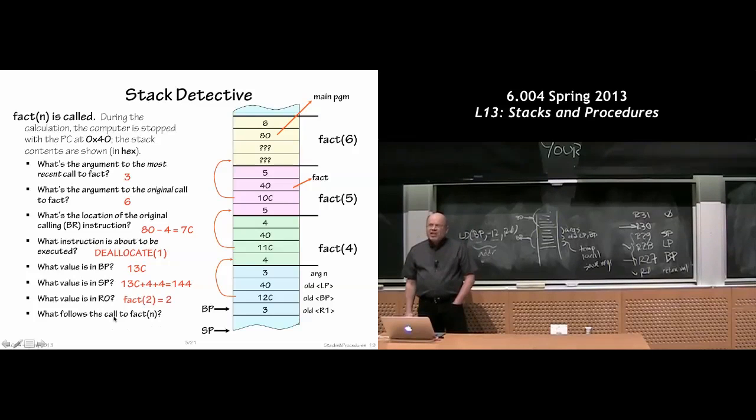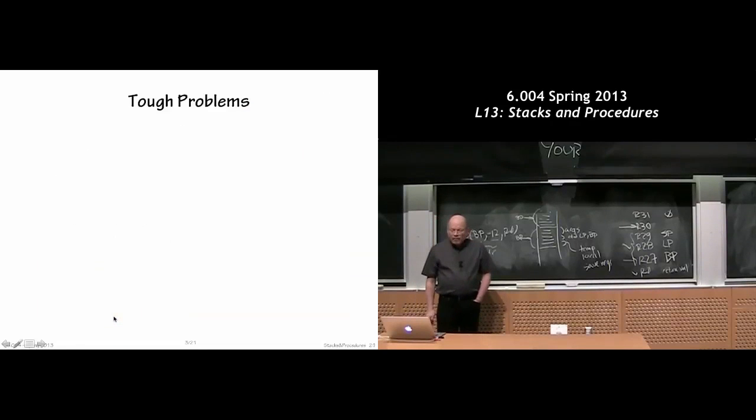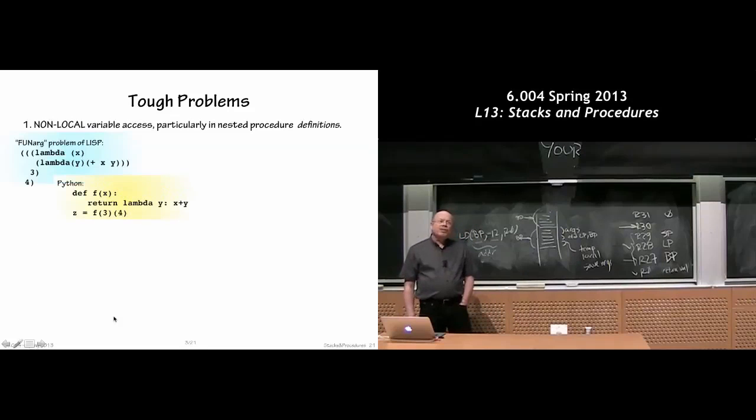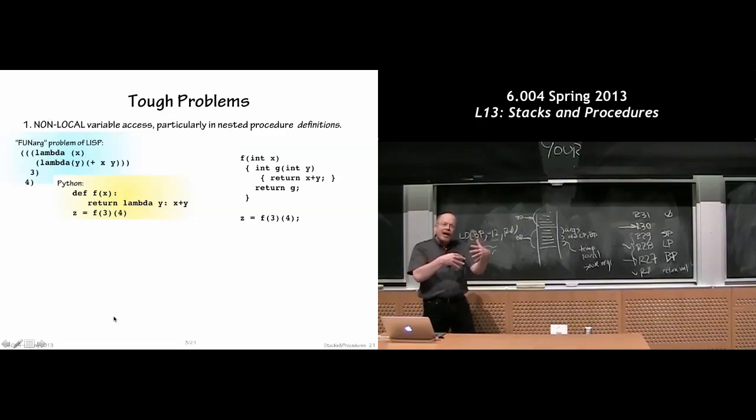Okay, so just in my last minute, some languages allow first-class procedures. You can actually return a procedure as your answer, not only a numeric value, but a procedure. If those procedures contain free variables, for instance, here's a procedure I'm returning.